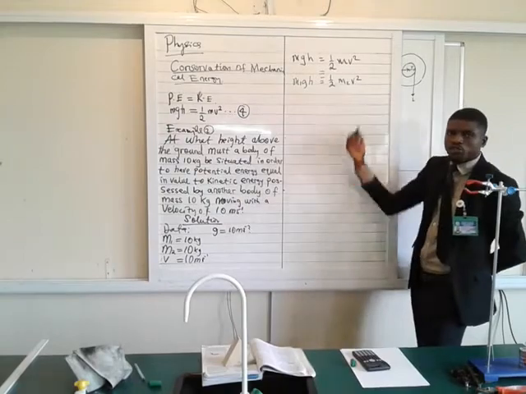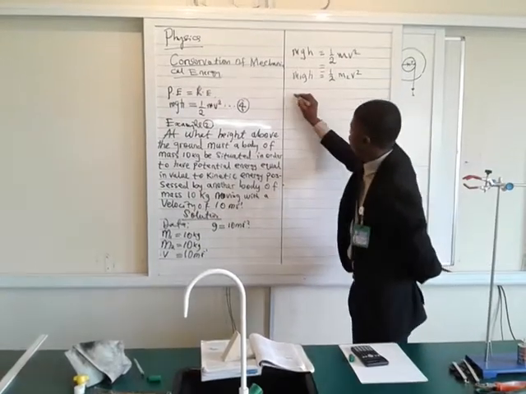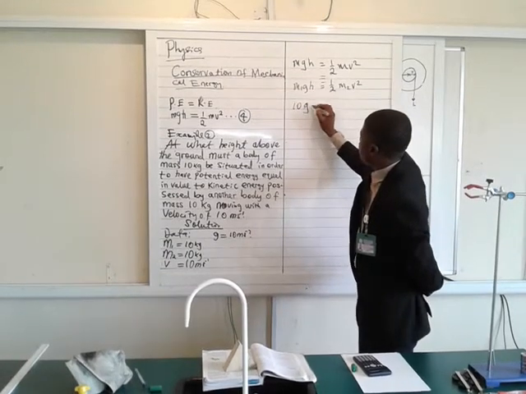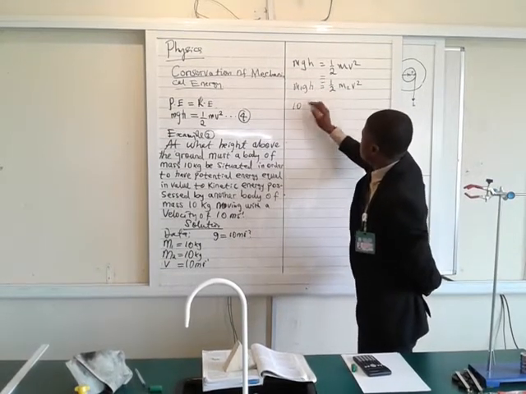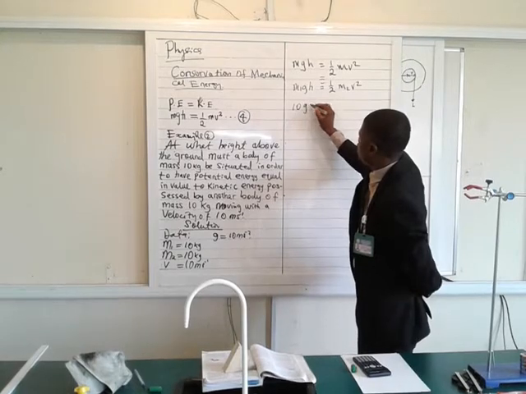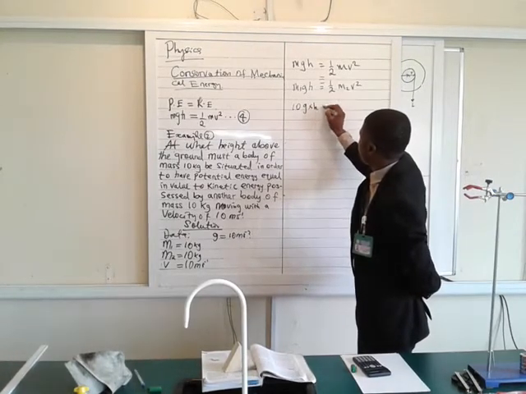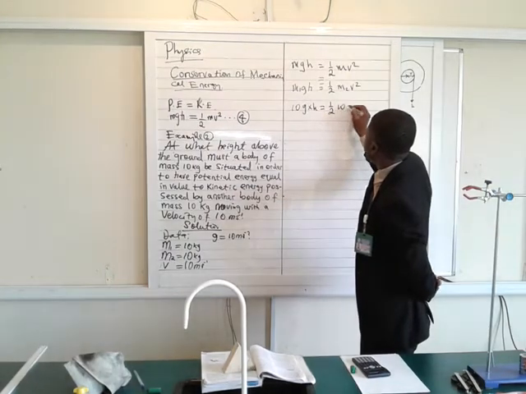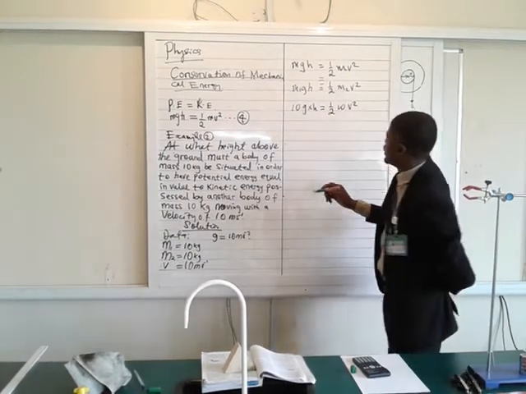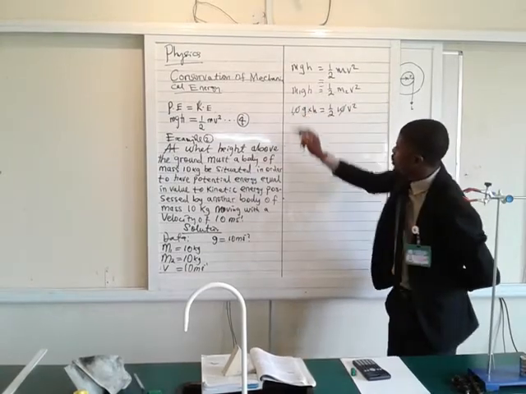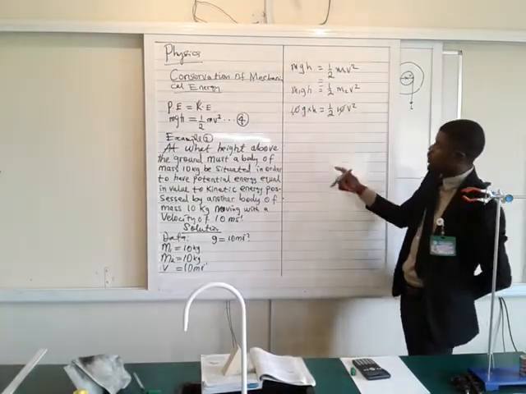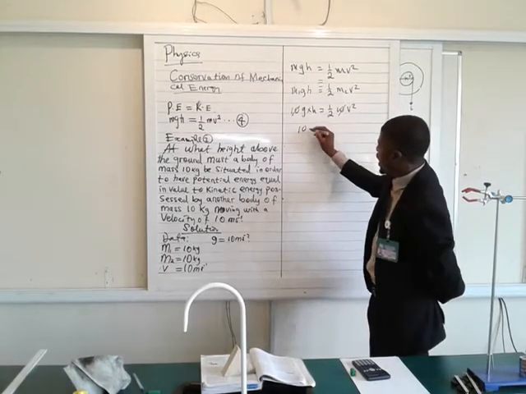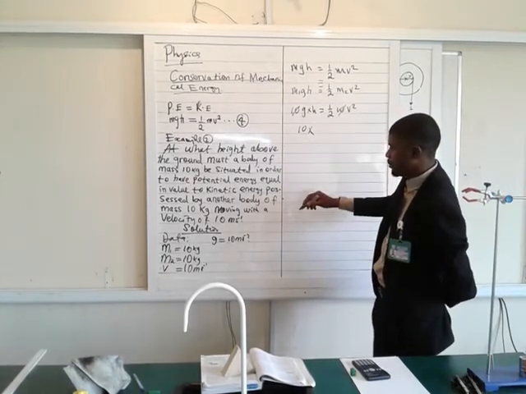We substitute in the variables, and so we have 10g times h equals half 10 v squared. This cancels and this cancels, since we have 10 on both sides. So let's do the second substitution. We have 10 times h.